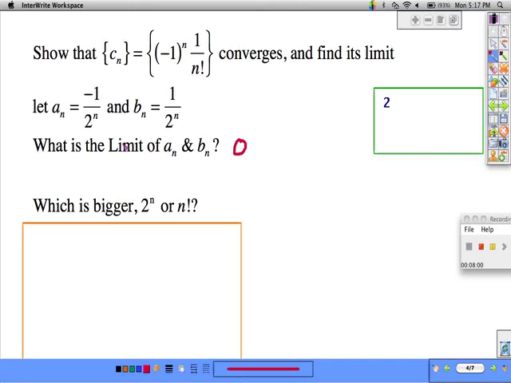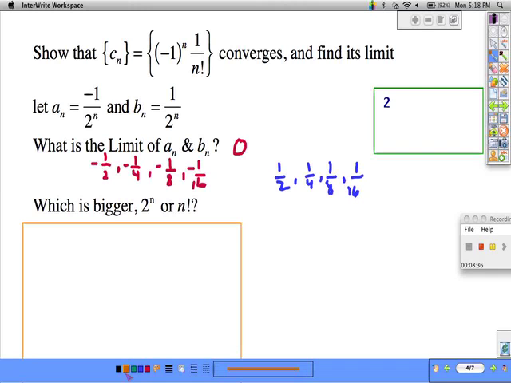So if I list out a sub n, I get -1/2, -1/4, -1/8, -1/16, and then b sub n is 1/2, 1/4, 1/8, 1 over 16.